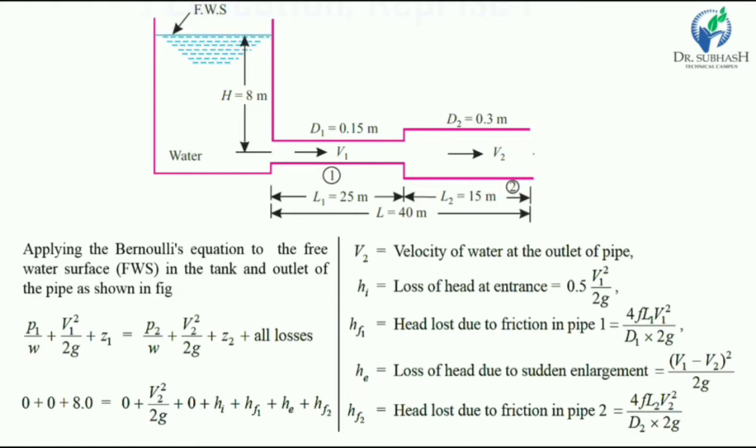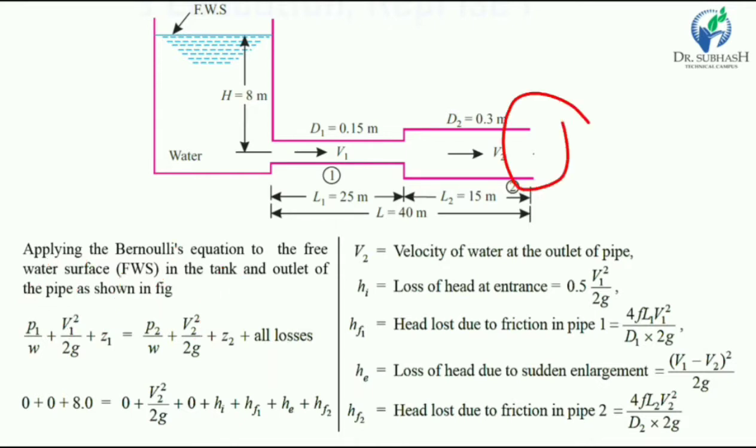In Bernoulli's principle, the total energy at section 1 is equal to the total energy at section 2. In total energy, three energies are there: pressure, velocity and potential. There are three heads at section 1 and three heads at section 2.